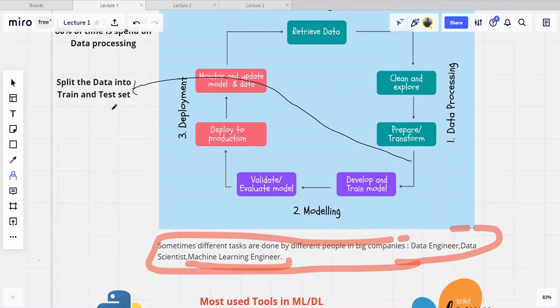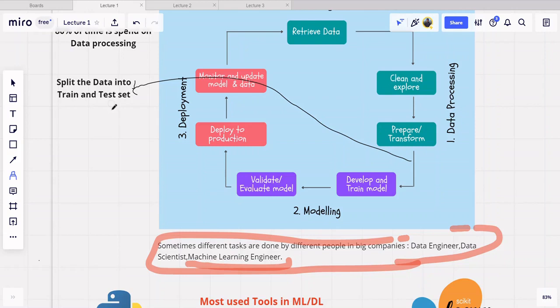Once the data scientist develops, trains and evaluates the model, they submit it to a machine learning engineer, and it is that engineer's job to deploy this model so that others can use it.